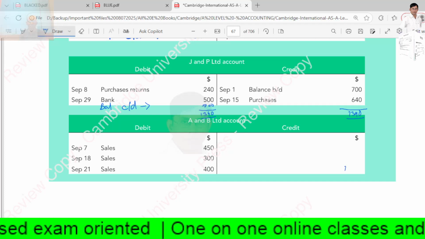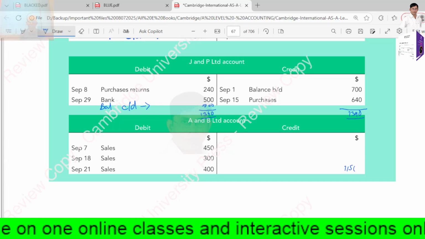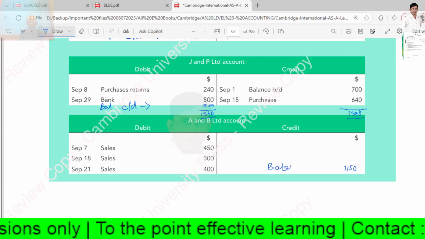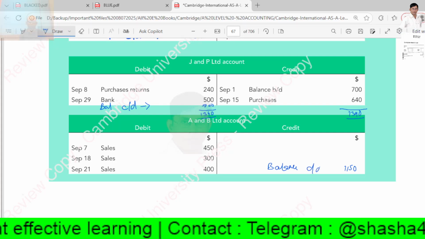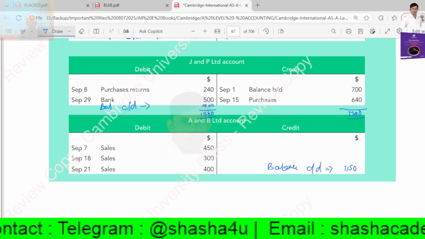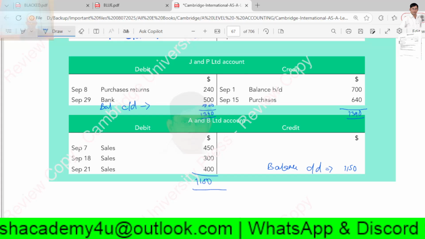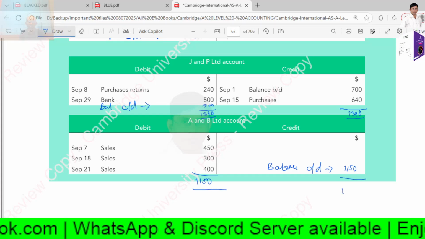That will be the balance carried down, so 1150 will be the balance carried down, and both sides should be 1150.